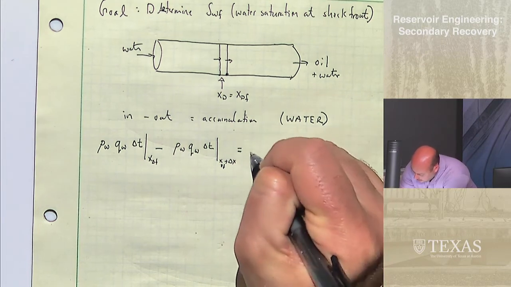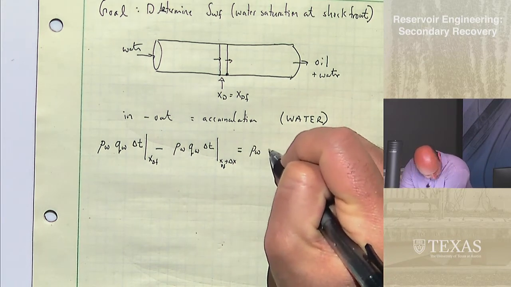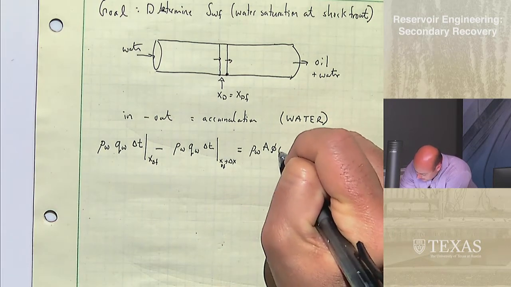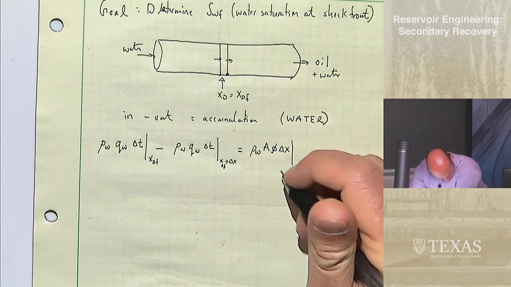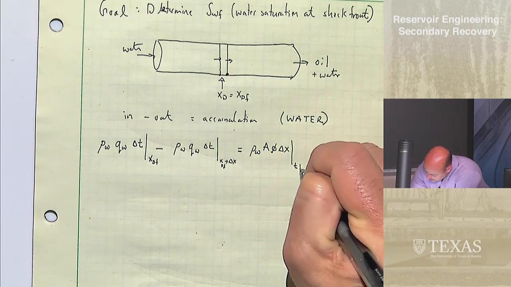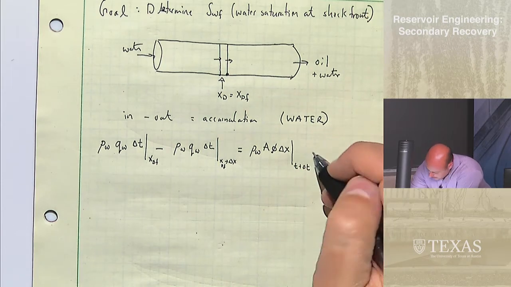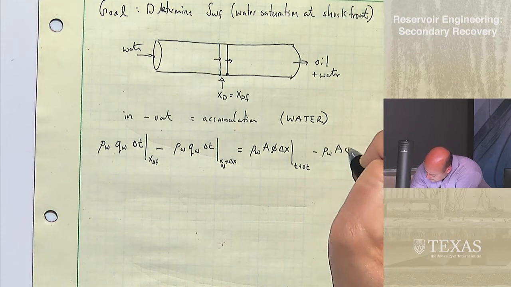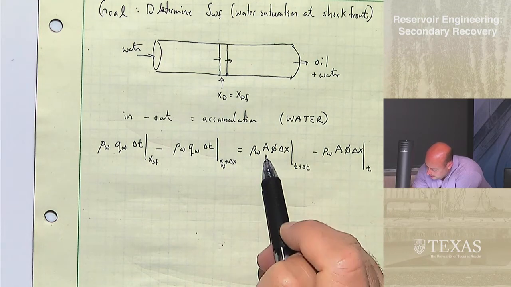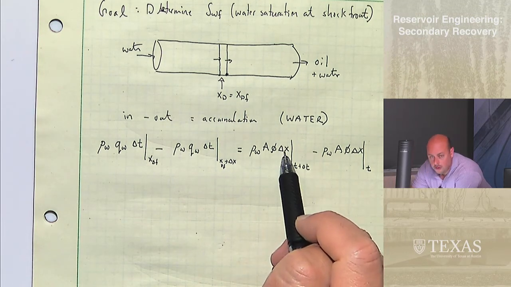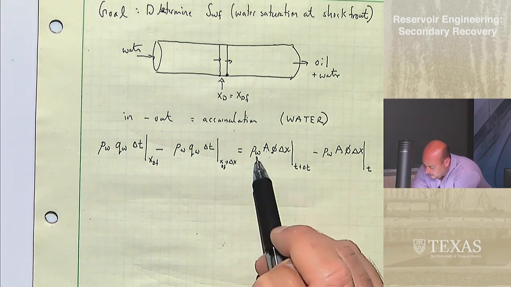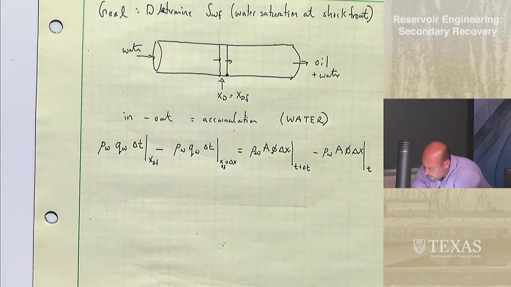That looks like the density of water times the pore volume, which is A phi delta X, at T plus delta T, minus rho W A phi delta X at T. A delta X is the volume, and times the porosity it is the pore volume, so volume times density gives us the mass.